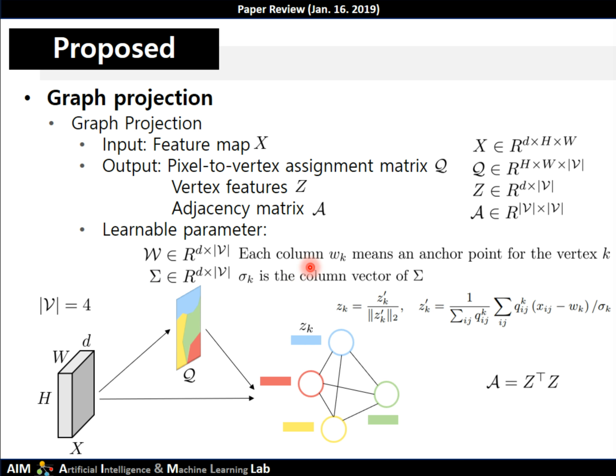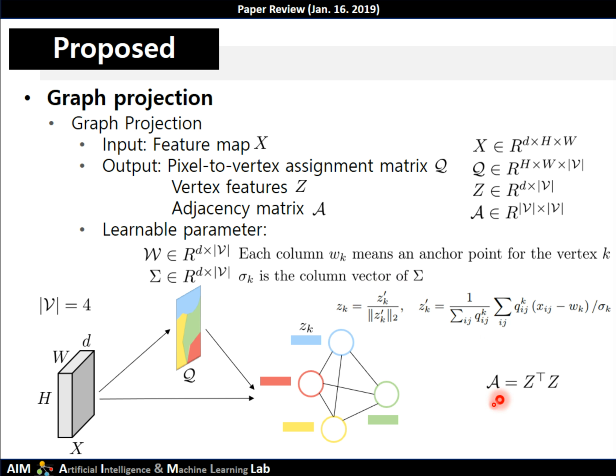Then we can encode vertex feature zk for each vertex by this formulation. Each zk prime is a weighted average of the residuals between feature vectors xij and the vertex parameter wk, and we use L2 normalization on zk prime to get zk.